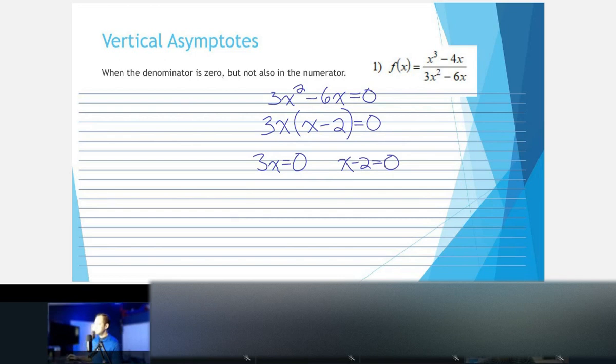So solve by factoring. This is something we're going to do a lot in this class. Once you factor a polynomial, you set the factors equal to 0 and solve. This is nothing new. We've done this plenty of times, right? Then we solve both of them. The first one, 3x equals 0, we divide both sides by 3.